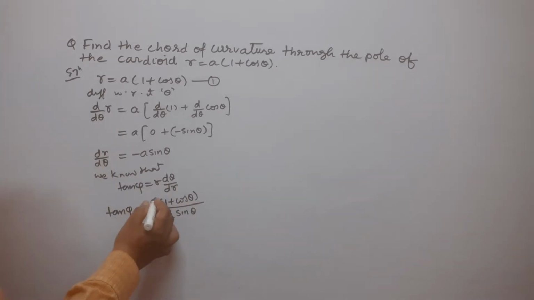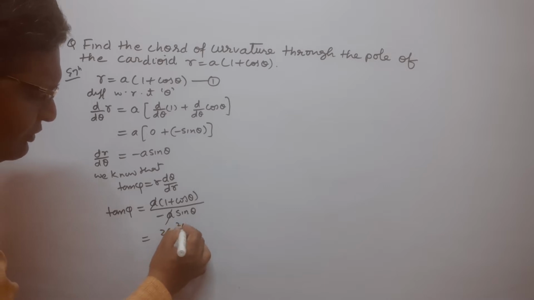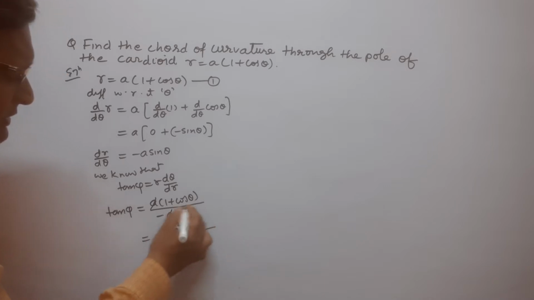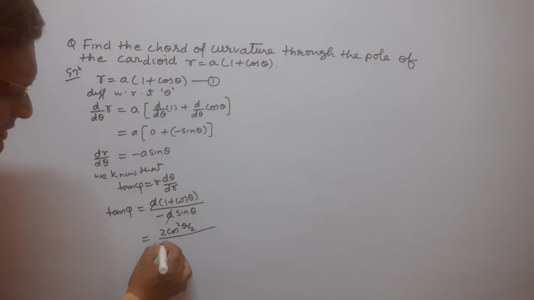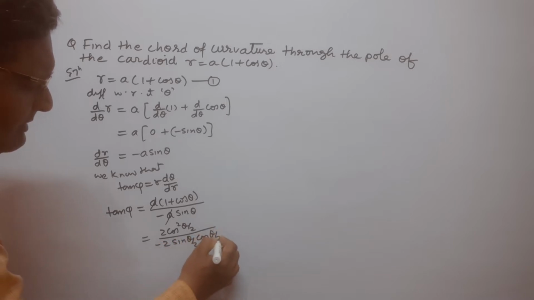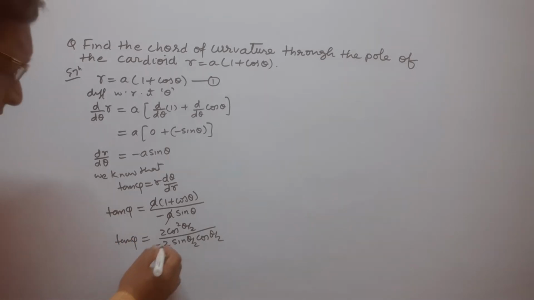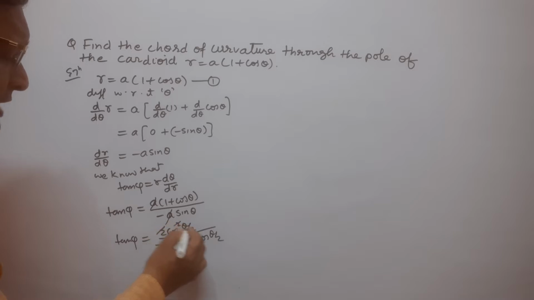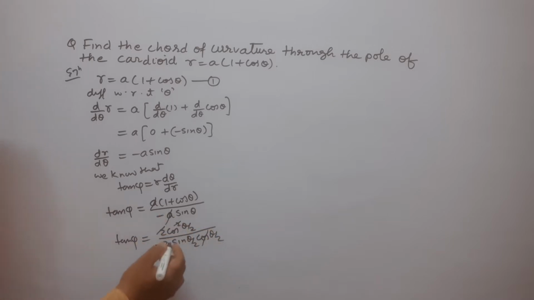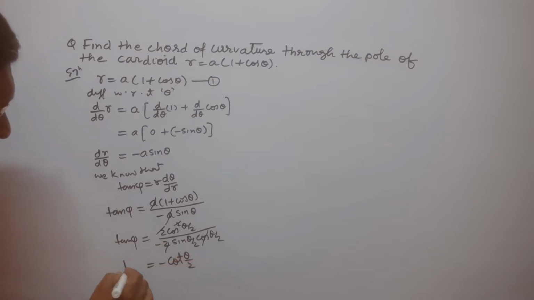From the numerator and denominator this a is cancelled out, and we know that 1 plus cos theta is equal to 2 cos square theta by 2, and sin theta can be written as 2 sin theta by 2 cos theta by 2. So the 2 is cancelled out and the square is cancelled by cos theta by 2. So minus cos theta by 2 upon sin theta by 2, this is minus cot theta by 2, which is equal to tan phi.